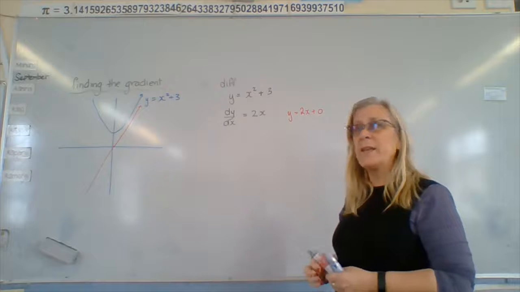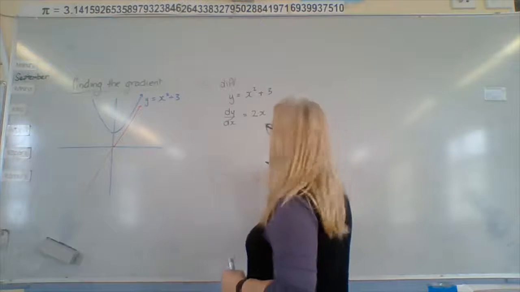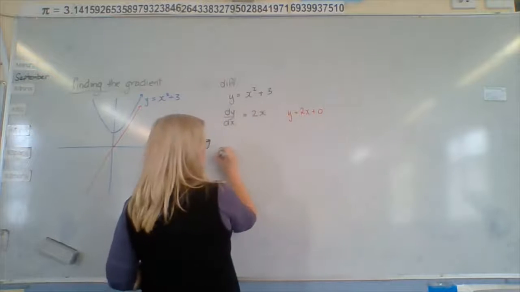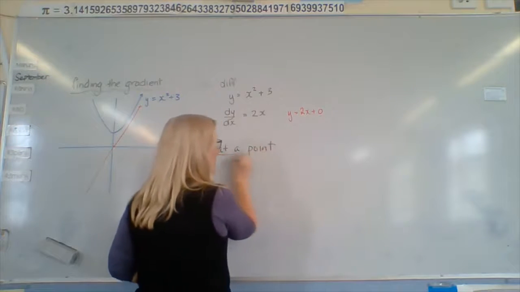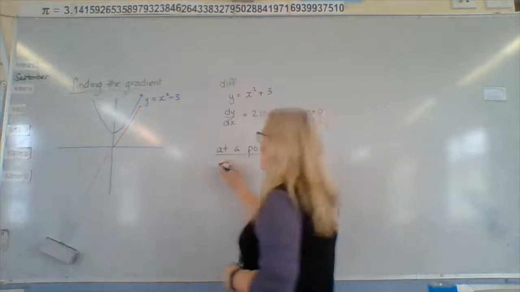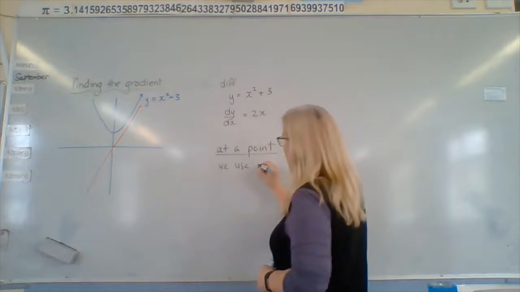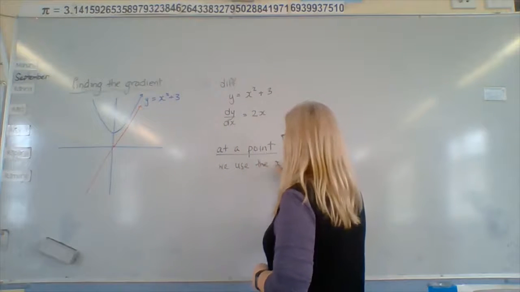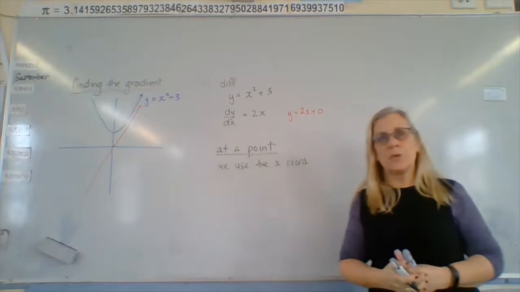And to do that, we use the x. We're not estimating. No, we're not. We're finding. So at a particular point, we want to know what the gradient is. All right? We will use the x coordinate.